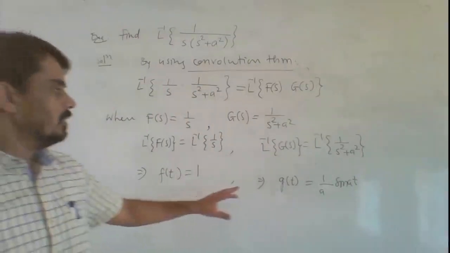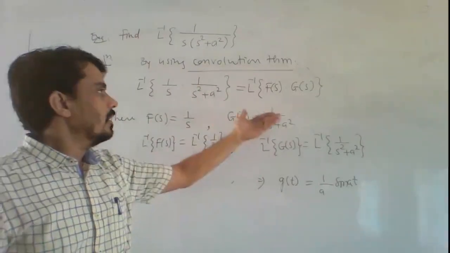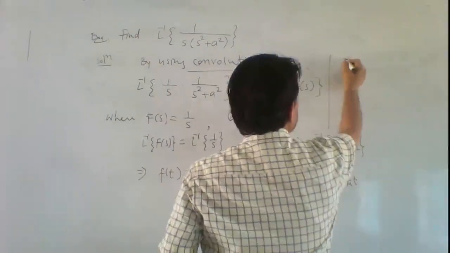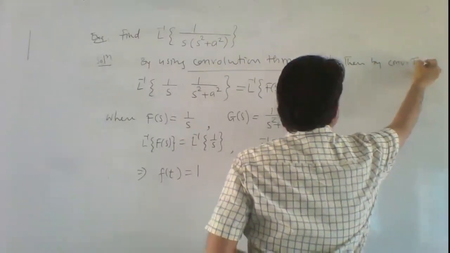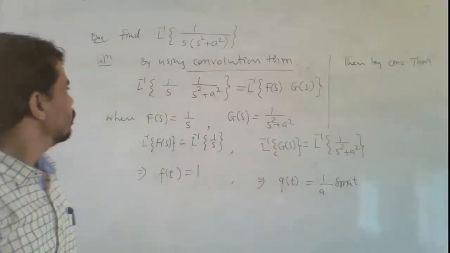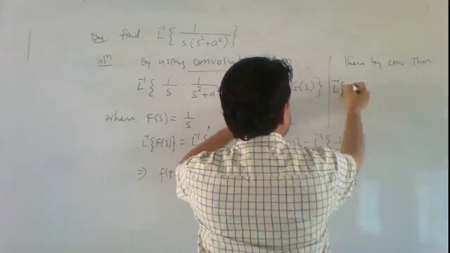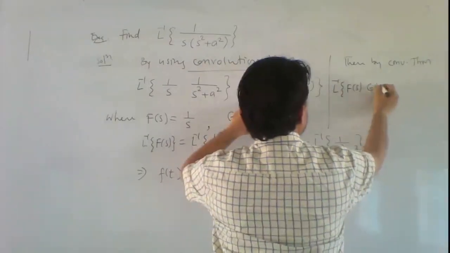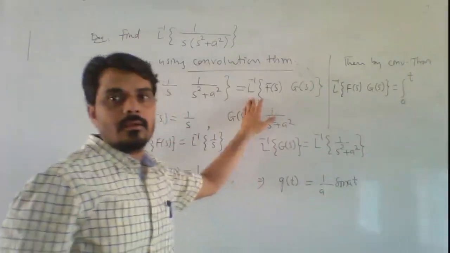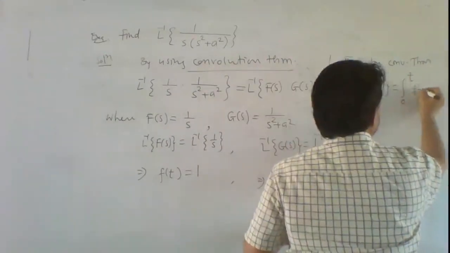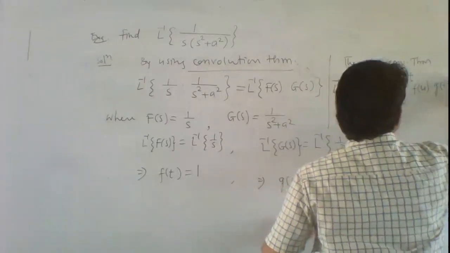So here we obtain separately the inverse Laplace transforms of these two functions. Then apply the convolution theorem. By the convolution theorem, L inverse of f of s into g of s is equal to the integral from 0 to t of f of u into g of t minus u du.